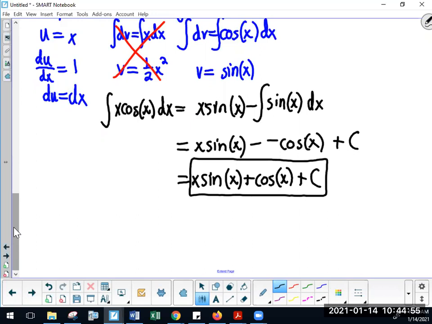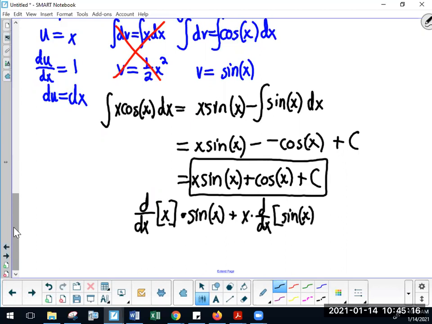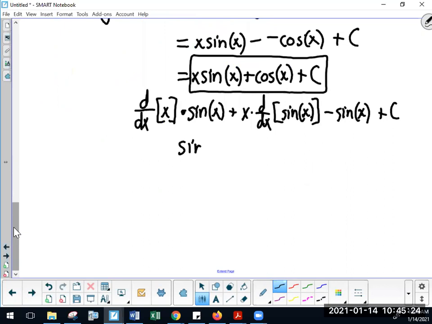Okay. I know this is true because I can differentiate. So I need the product rule here. Okay, derivative of x is 1, so I have a sine of x plus derivative of sine of x is cosine of x, so that's x times cosine of x minus sine of x.